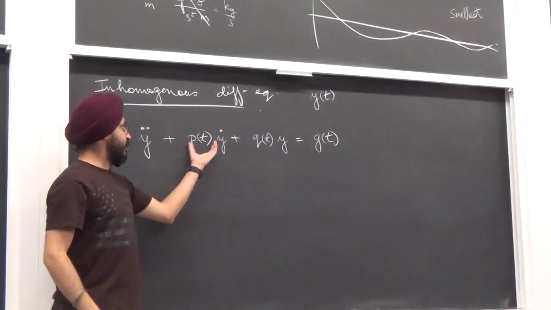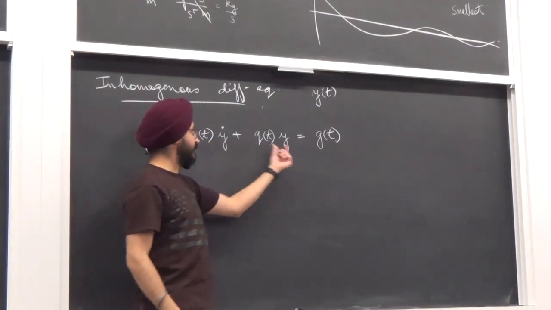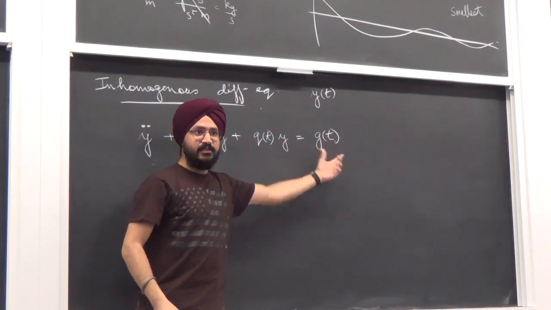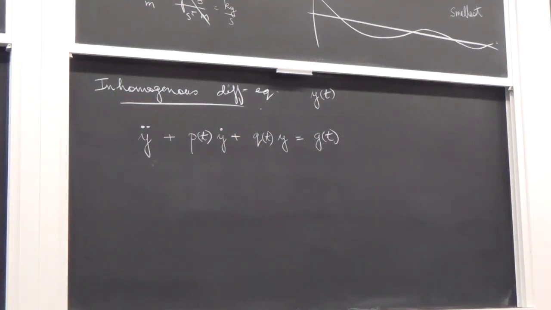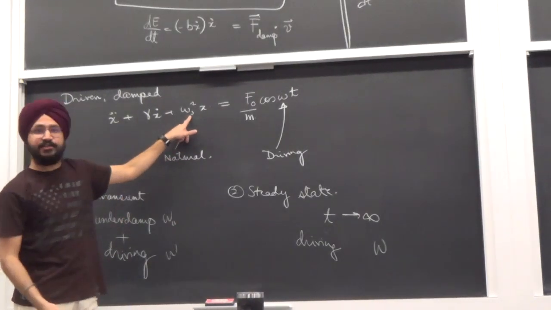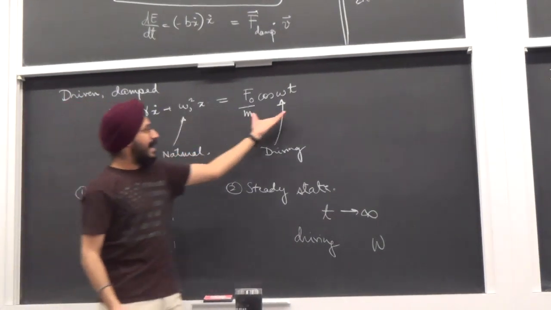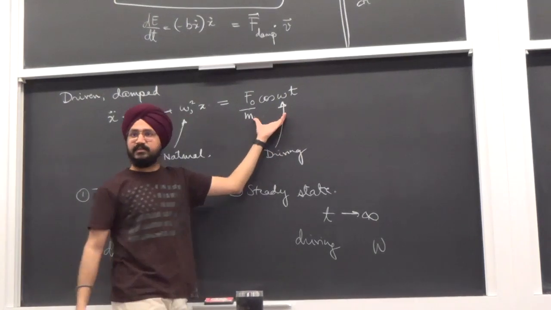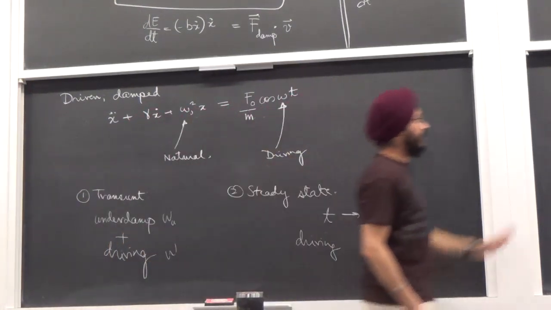I have a function p of t with the y dot, function q of t with the y, and a driving piece. So in our language, p of t would be gamma, it will be a constant, it won't depend on t. q of t would be omega naught squared, again time independent, and G of t would be this driving piece. Okay? So this is what our differential equation looks like.